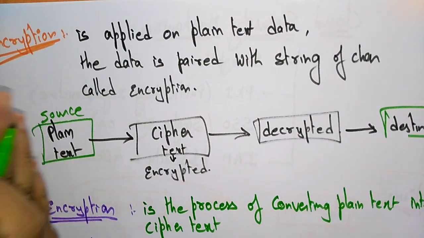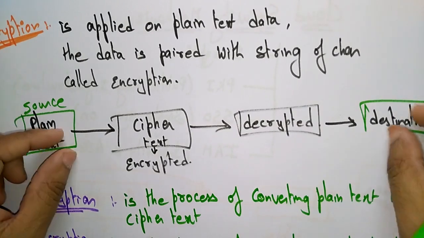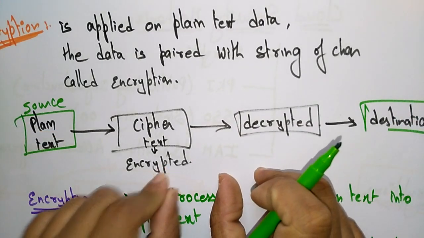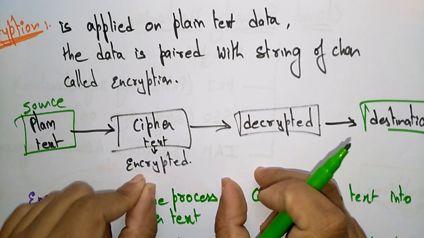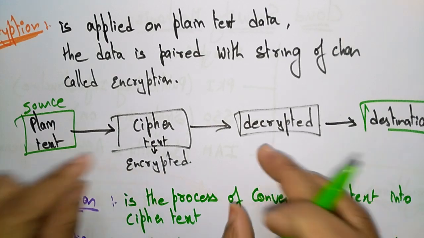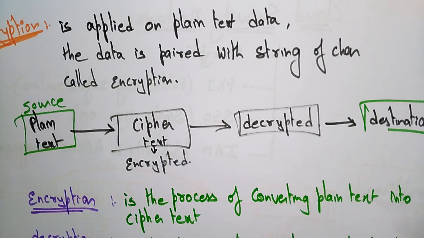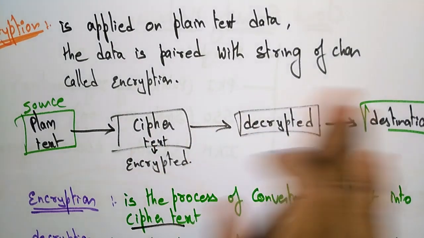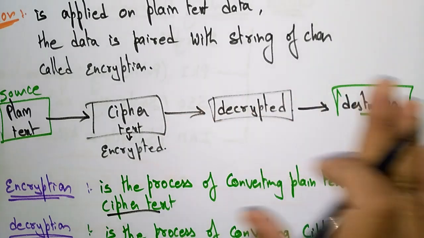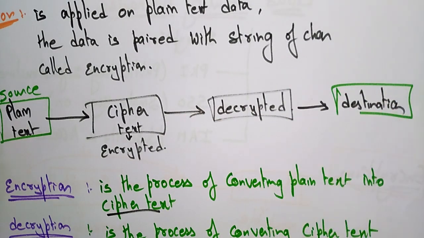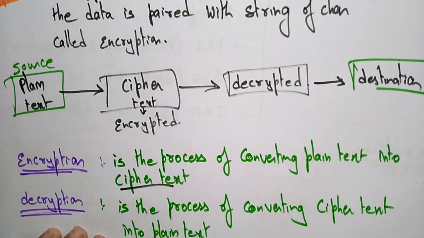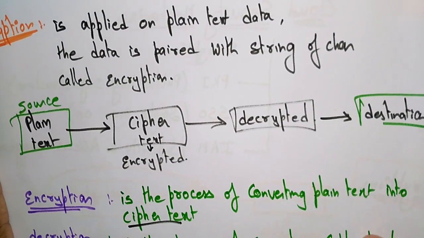If you want to send the data from source to destination, that data should follow one of the cloud security mechanisms, that is encryption. Encryption converts the plain text into ciphertext. After converting, for the person at the destination to read the data, that data should be decrypted. So decryption is a process of converting the ciphertext into plain text.